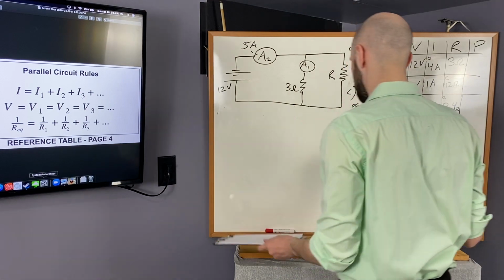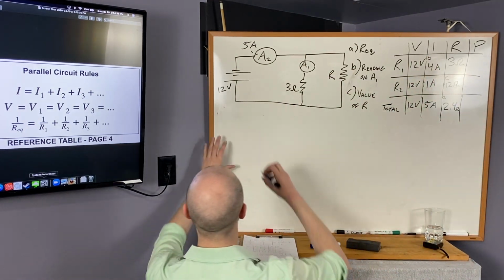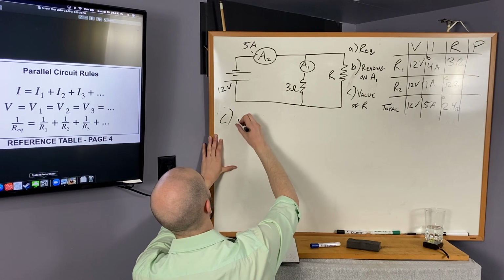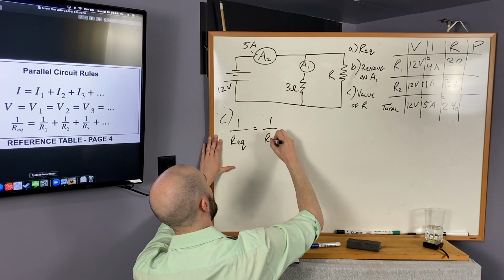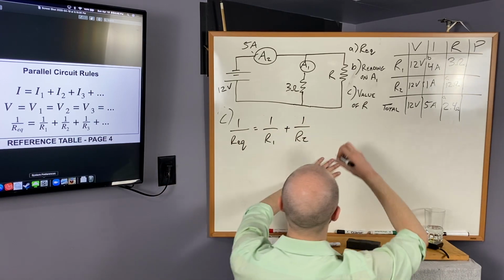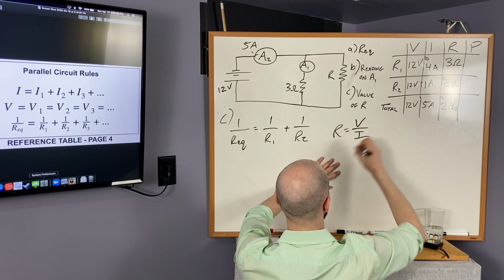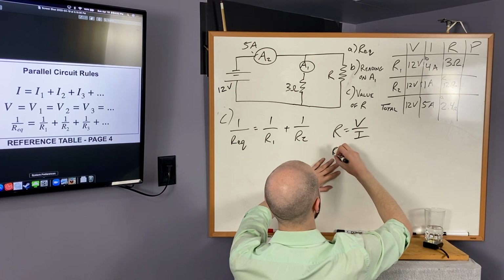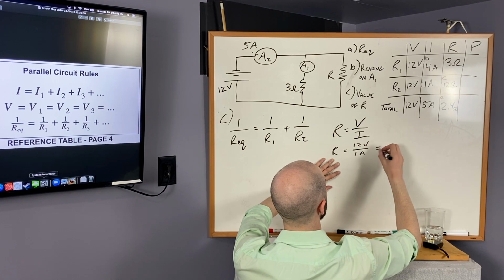Okay. So for part C, 1 over Req is equal to 1 over R1 plus 1 over R2. Remember, we used Ohm's law over there, which is valid. R is equal to 12 volts over 1 amp, so this should be equal to 12 ohms.